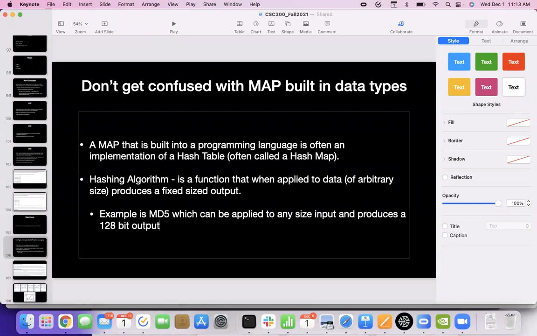So the idea here is that if you were to feed it 1 gigabyte of data, it would produce 128-bit output. So a 128-bit number, you can think of it like that. If you fed it 2 kilobytes of data, it would produce 128-bit output. So how many unique 128-bit outputs are there?